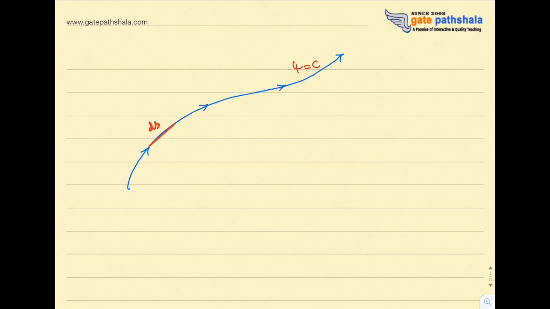Okay, ds, if I write ds bar as dx i cap plus dy j cap, which is a change in position.